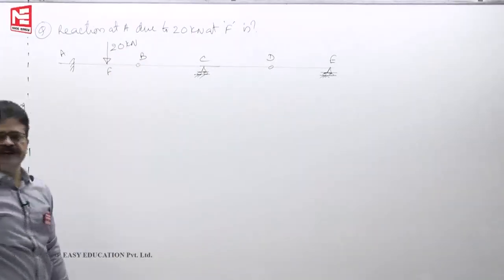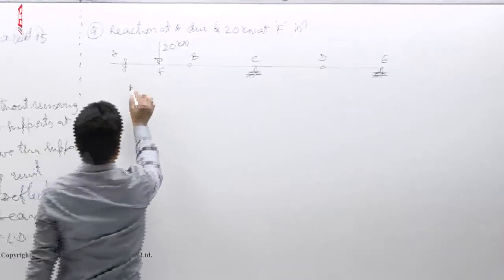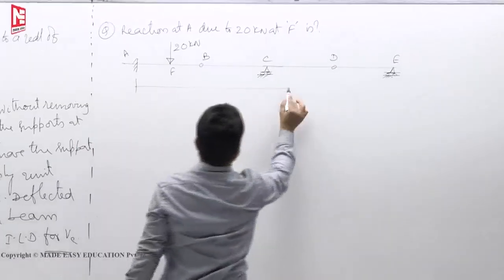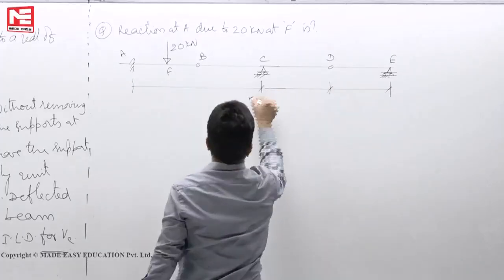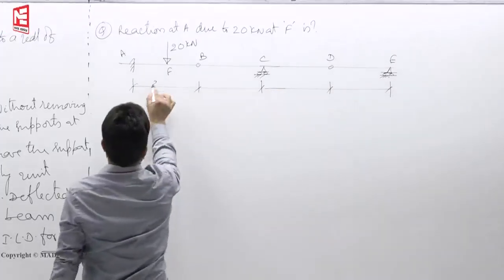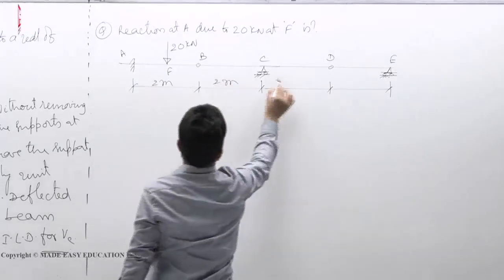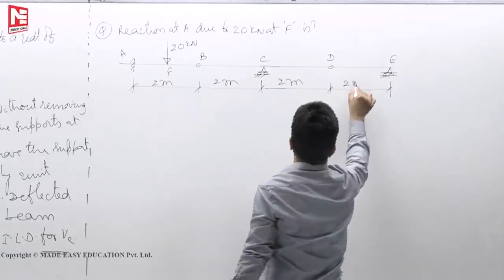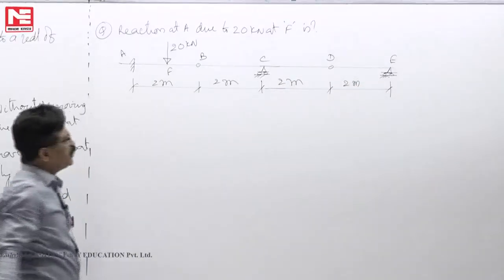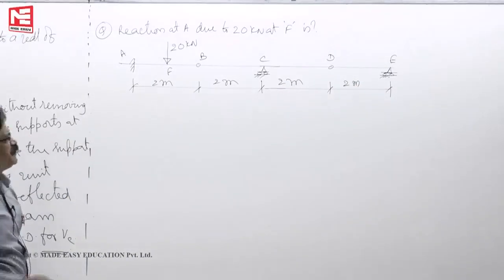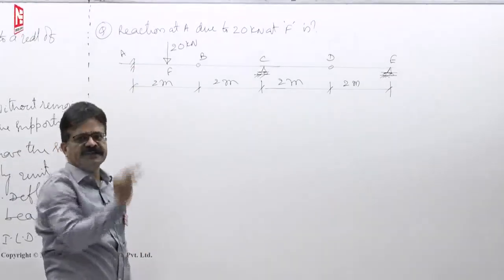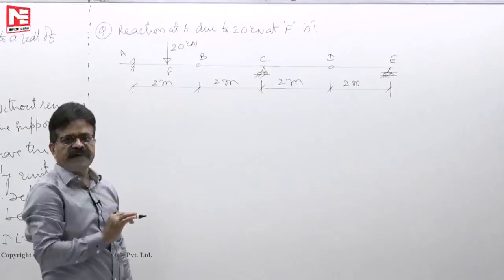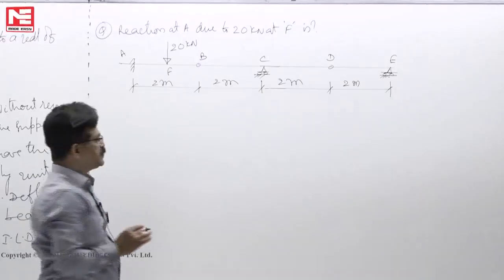Location also is not given. Somewhere at that point. Let us say 2 meters, 2 meters, 2 meters, 2 meters. Now, you should not calculate reaction at A by first VE, then VC, then sigma y equals 0, then VA you will get. It will take say 2 minutes time. But if you draw ILD, you can complete in 30 seconds time.